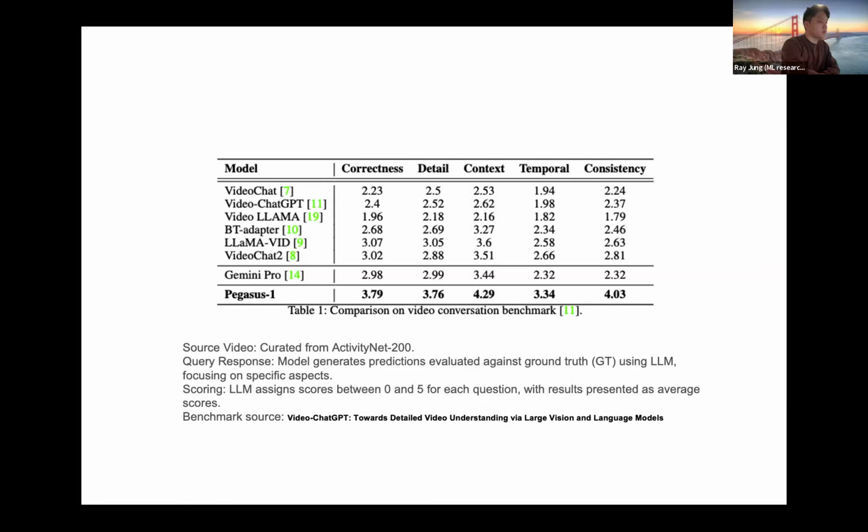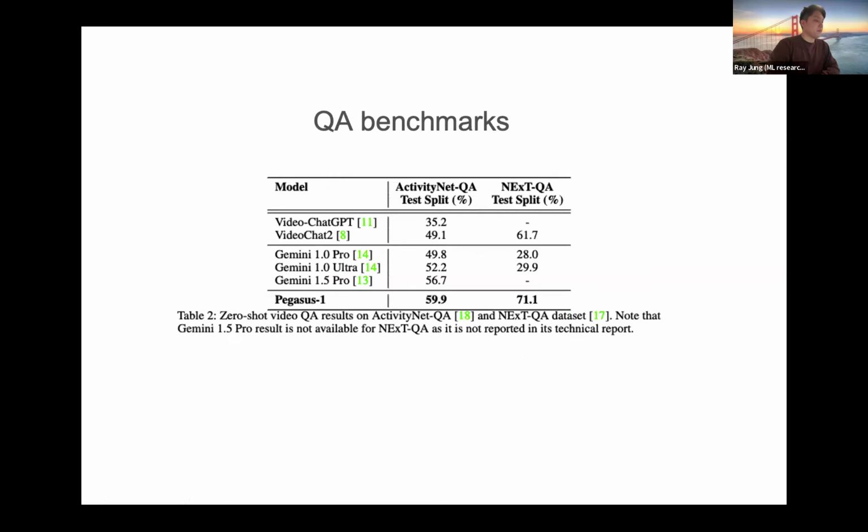Each model's response to a question is assessed with an LLM, which assigns a score ranging from 0 to 5. These scores are then averaged to provide a comprehensive evaluation. Additionally, Pegasus excels in QA benchmarks like ActivityNet QA and NExT-QA. These QA datasets require an in-depth understanding of video content and fine-grained semantics.